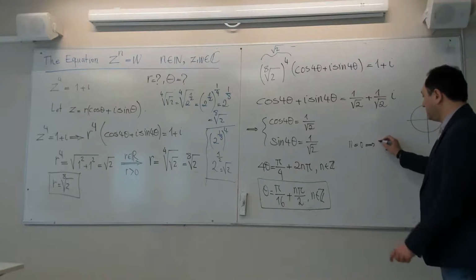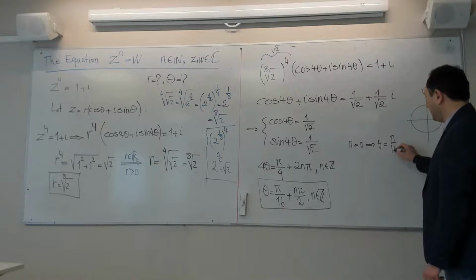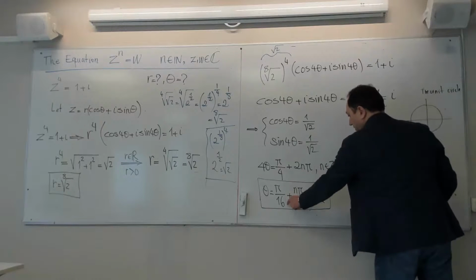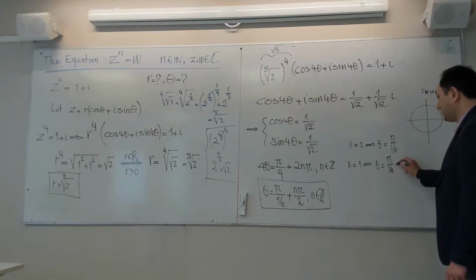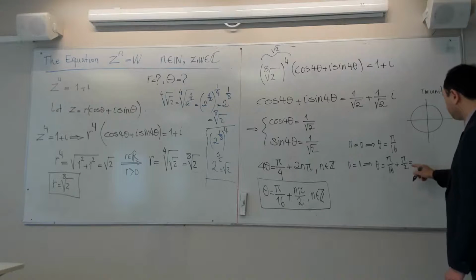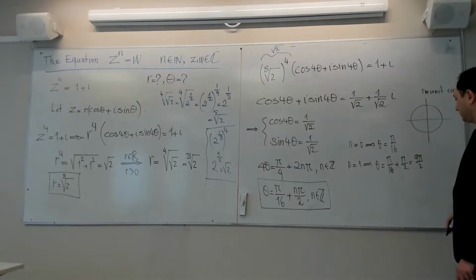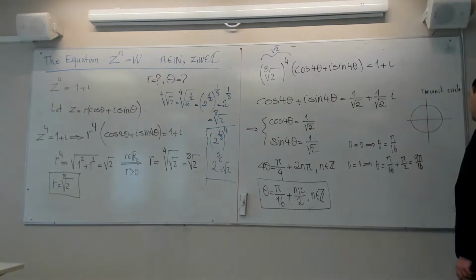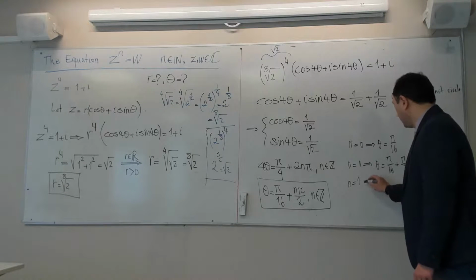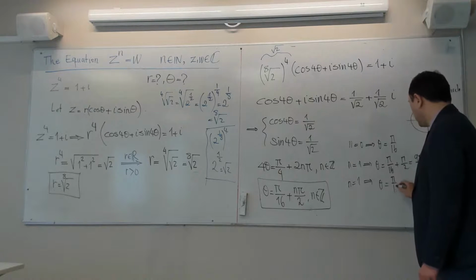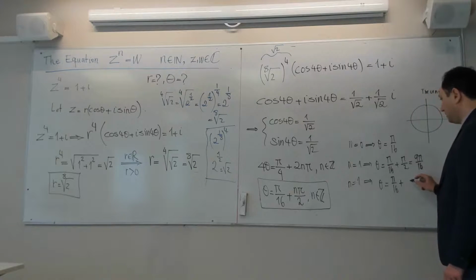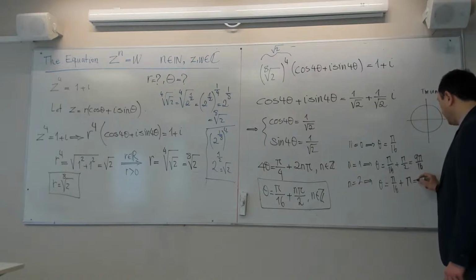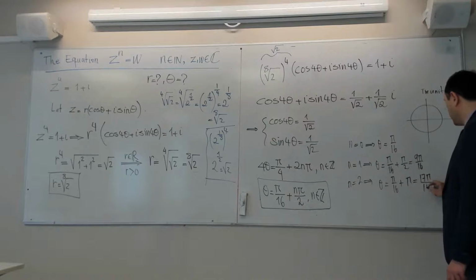Why? Because if I put n equals 0, theta becomes pi over 16. If I put n equals 1, then theta becomes pi over 16 plus pi over 2. If I add them, it becomes 9 pi over 16, sorry. And if I put n equals 2, then theta becomes pi over 16 plus pi, and then if I add them, it becomes 17 pi over 16.